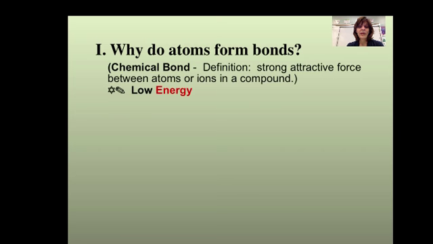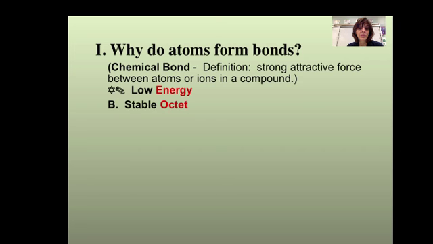Why do atoms form bonds? They do it because it's energetically better for them to bond with another atom in most situations. They get lower energy, so when they form that strong attractive force between atoms, they release energy typically and become more stable.